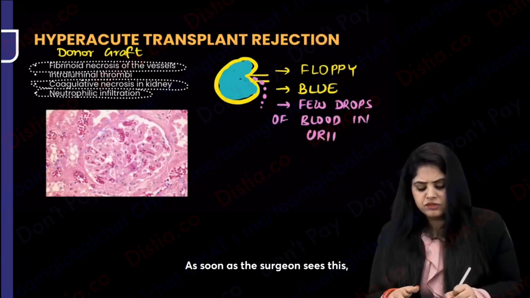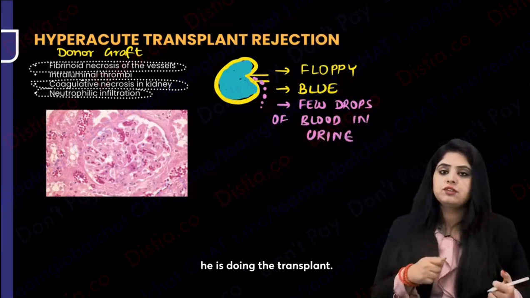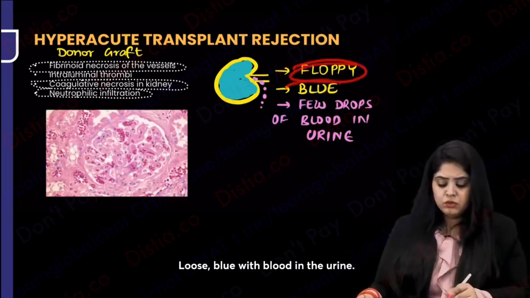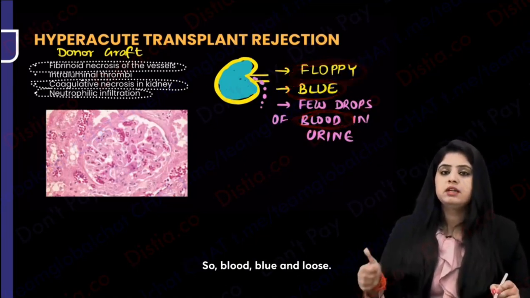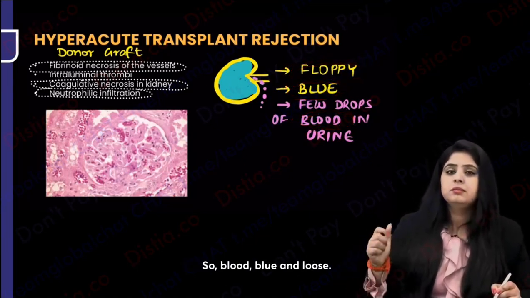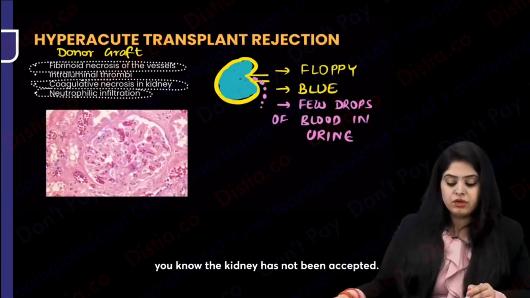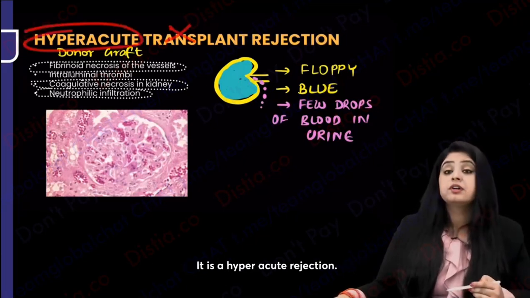As soon as the surgeon, who is doing the transplant, sees the kidney has suddenly become very floppy, loose, blue with blood in the urine, so blood, blue and loose, you know the kidney has not been accepted. It is a hyperacute rejection.